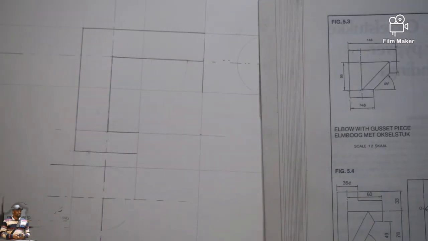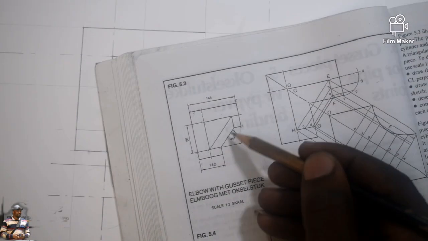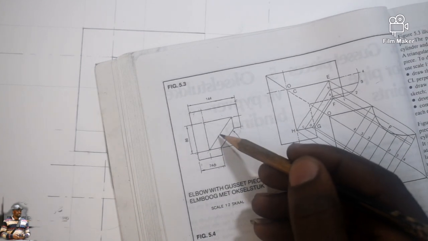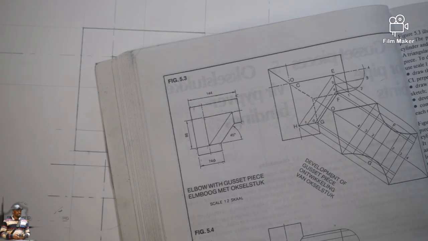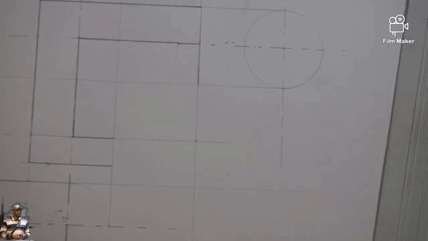But then we can see this line at an angle of 45 is actually parallel to this one. So we can simply use the angle 45 in both of them. There you go. You see it tallies, it's just corresponding, you understand?